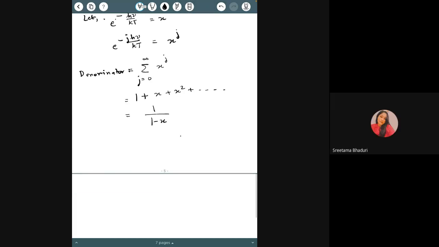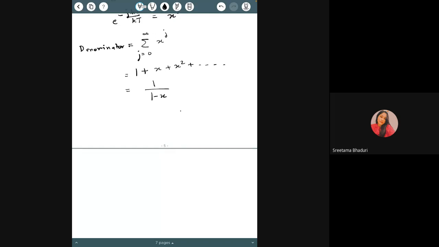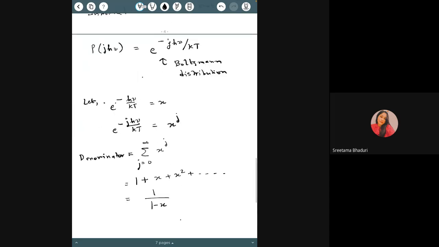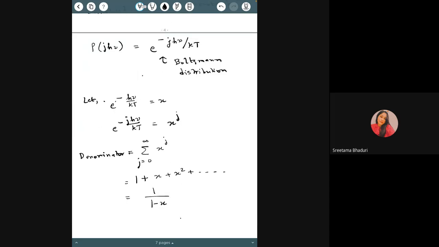Ma'am, while we are taking the summation, we are still taking each and every point into consideration. So how are we signifying the discrete characteristic that Planck gave? We're taking a sum, right? So we are taking only multiples of h nu as allowed energy.